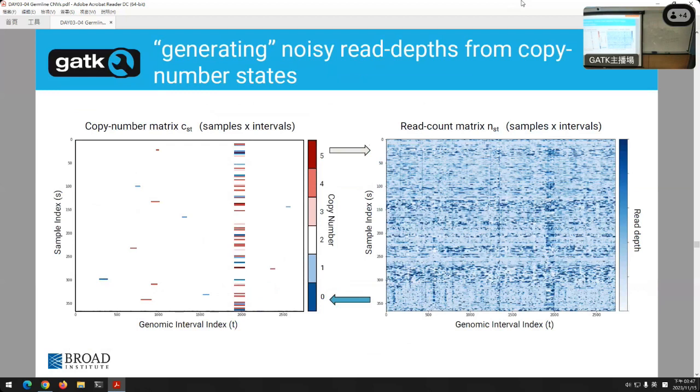Okay, so now we've mathematically described the relationship between our two underlying parameters of genomic interval class and copy number state. And now we want to describe the relationship between copy number state and our observed read count data.